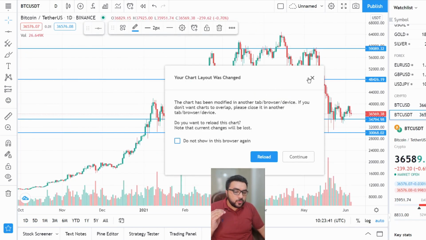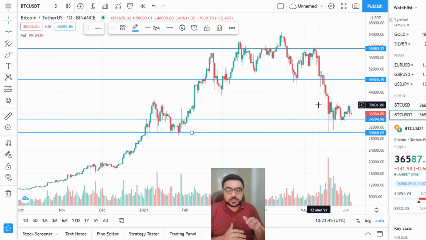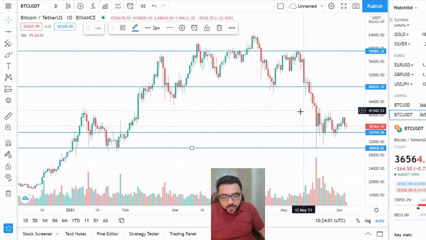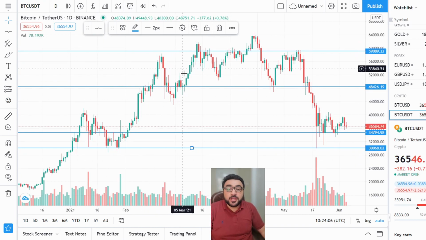So make sure you use some indicators along with these channels or support and resistance to help you decide if there's going to be a breakout. If there's some accumulation happening with, for example, moving average acting as support, then probably it's a sign of breakout. And also just make sure that when you see huge candles here, then you can expect some sell-off as well.